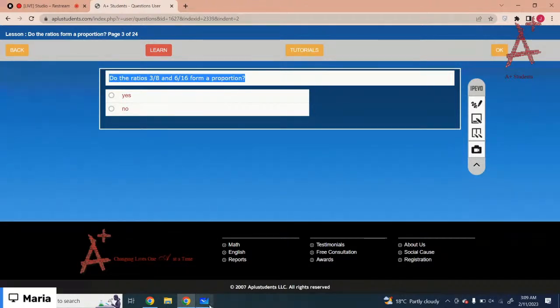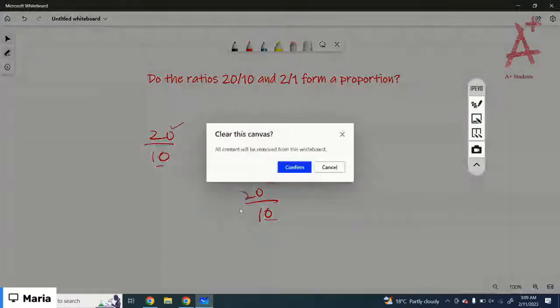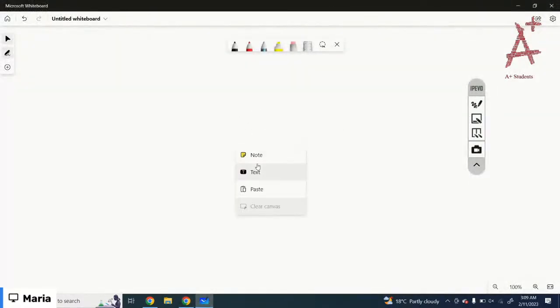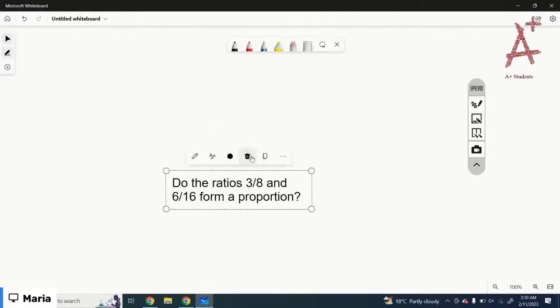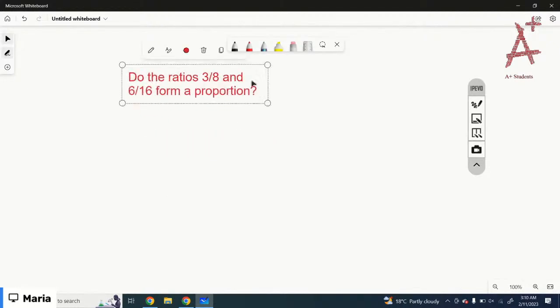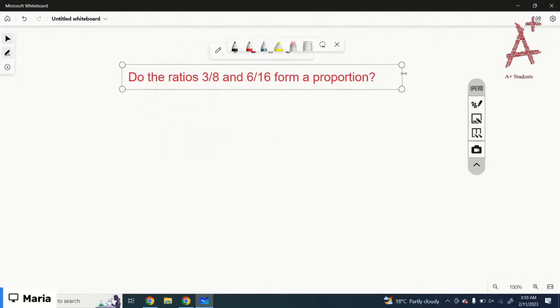The next one is, do the ratios 3 over 8 and 6 over 16 form a proportion?